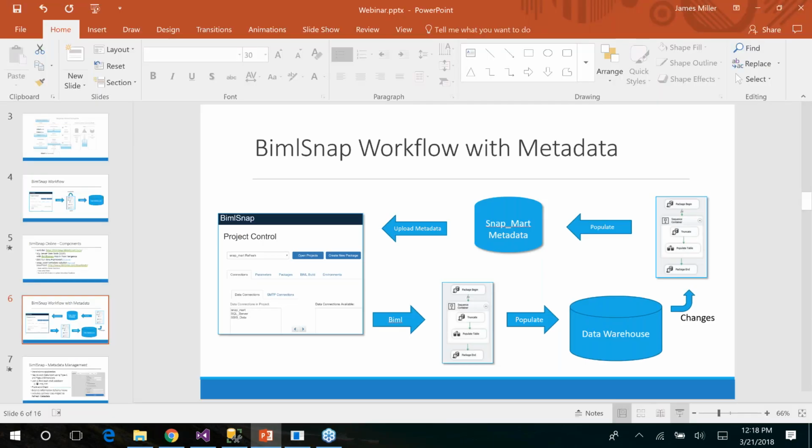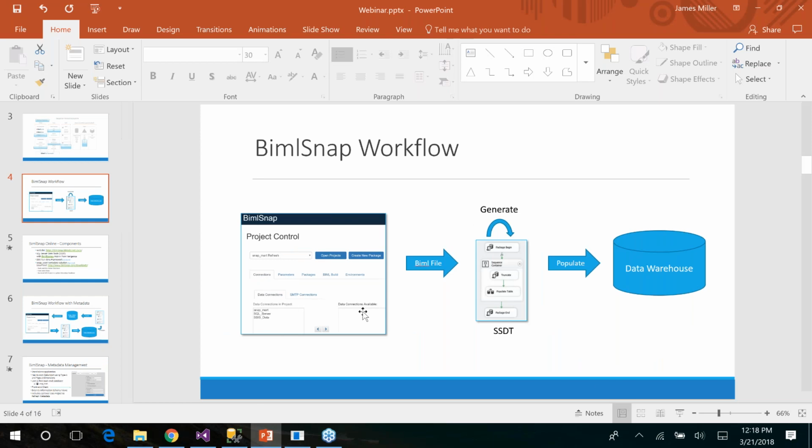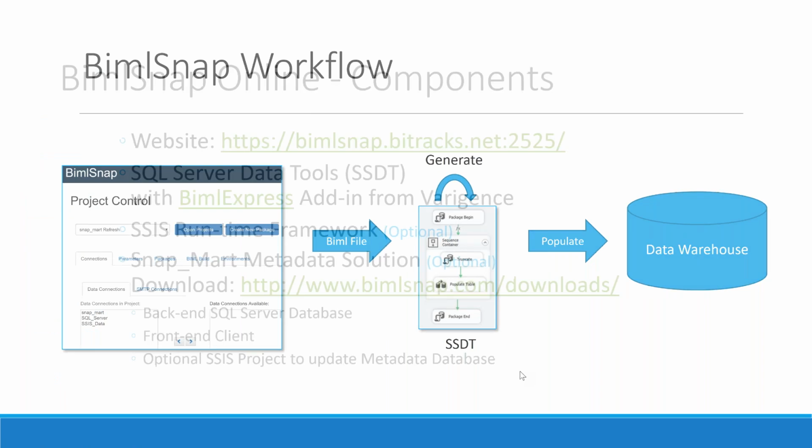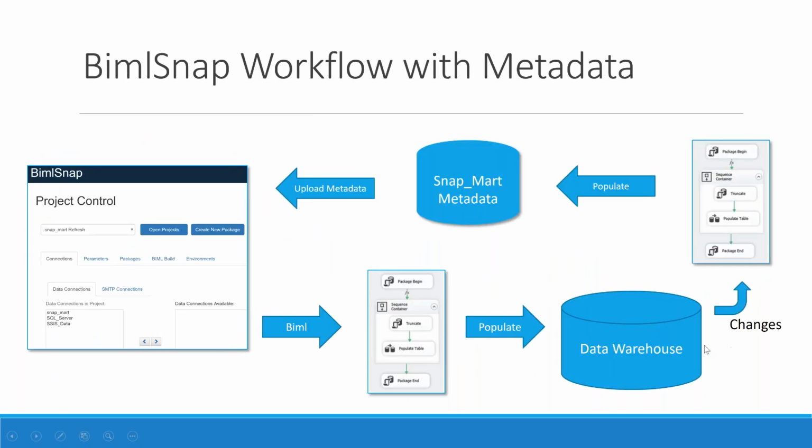Okay. Once your metadata is loaded, then the workflow, instead of this model we saw just a minute ago, changes to this, where you extract, again, just using a provided SSIS project that's part of the downloads, populating your Snap Mart metadata, and you just saw that database.